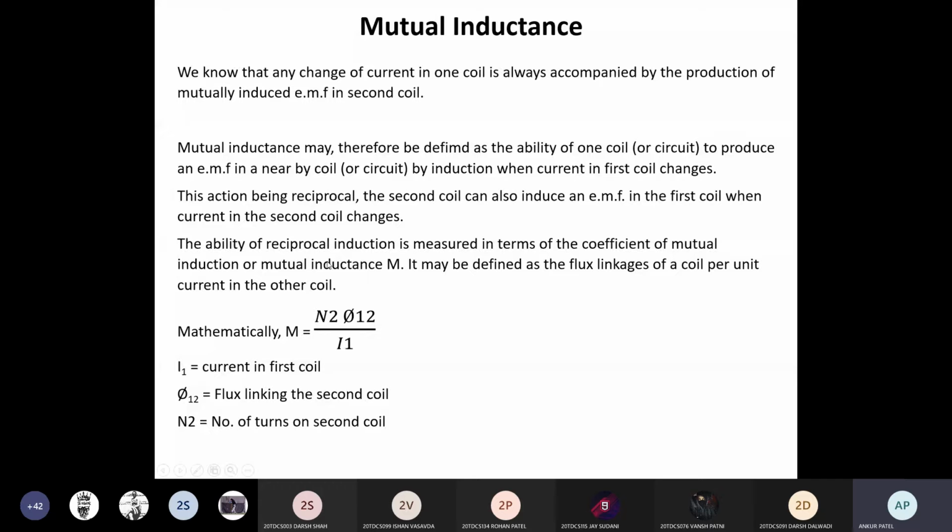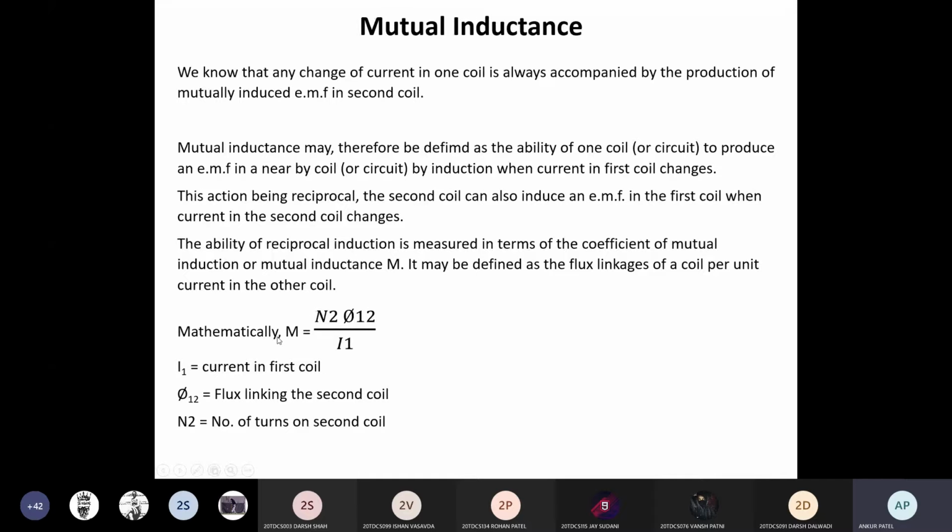The ability of reciprocal induction is measured in terms of the coefficient of mutual inductance, or mutual inductance M. It may be defined as flux linkages of a coil per unit current in the other coil. So M is equal to N2, the number of turns of the second coil, times phi 2, the flux linking with the second coil, divided by current I1 in the first coil.